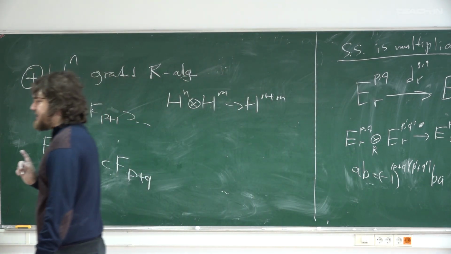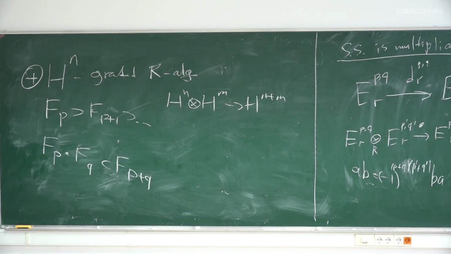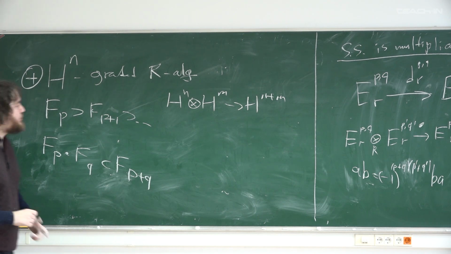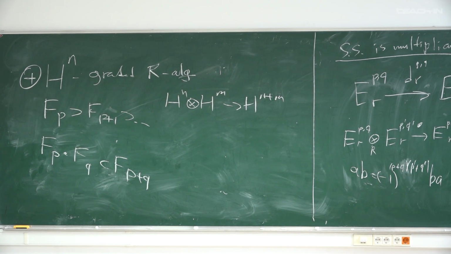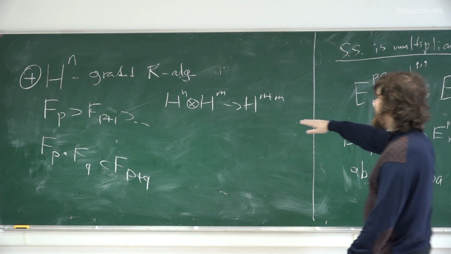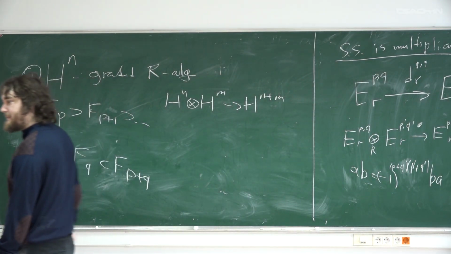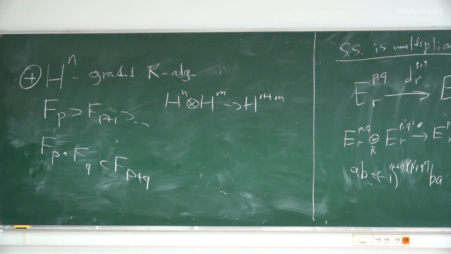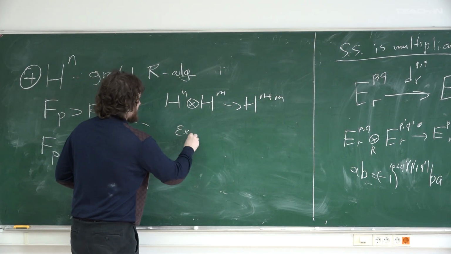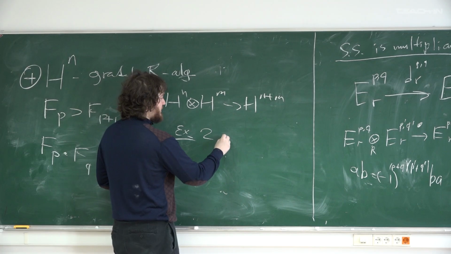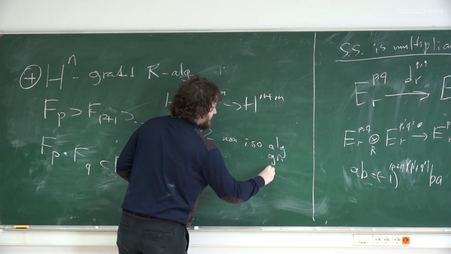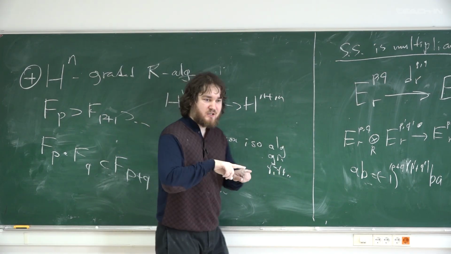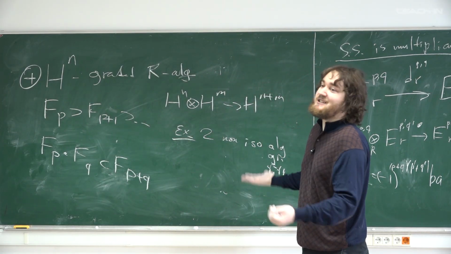In fact, it's very important that in general you cannot reconstruct multiplication on algebra by multiplication on quotient. So, exercise. Give two non-isomorphic graded algebras with two different filtrations, such that on quotients multiplications coincide.